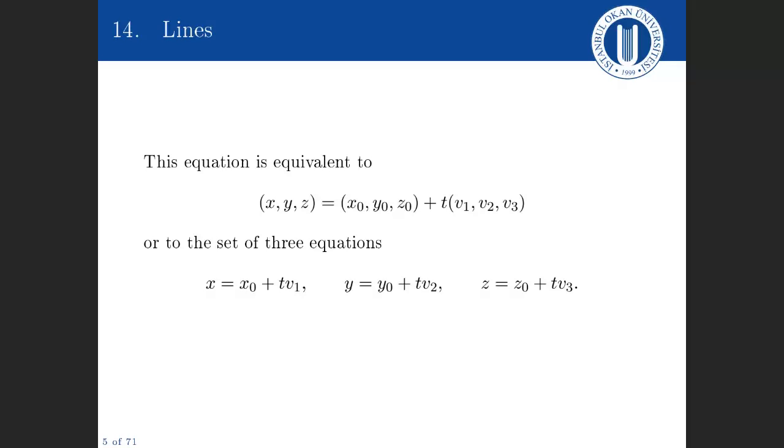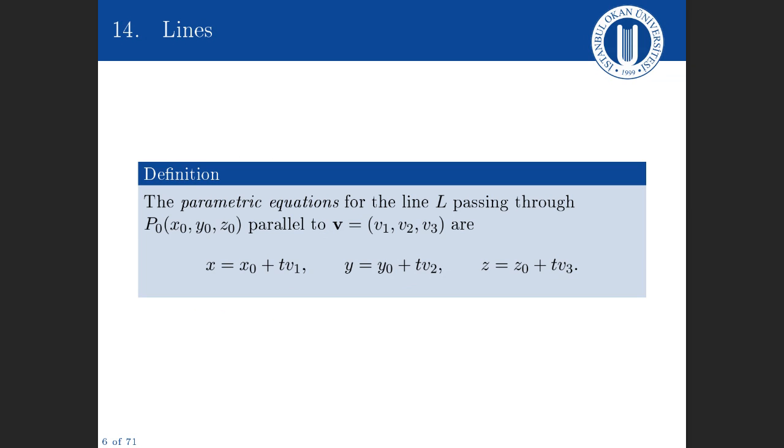I could write x is x0 plus t v1, y is y0 plus t v2, and z is equal to z0 plus t v3. These three equations are called the parametric equations for this line, the line passing through the point P0 parallel to the vector V.